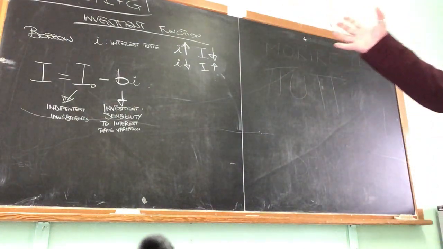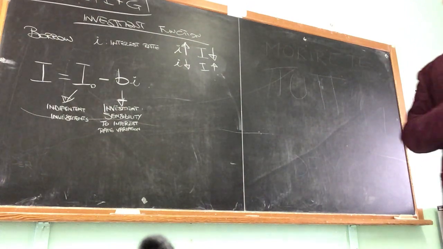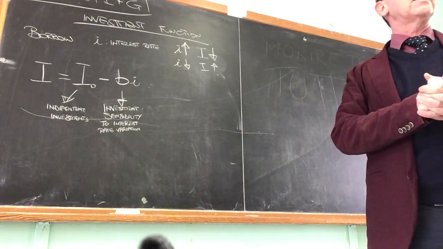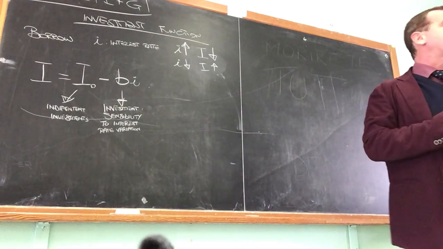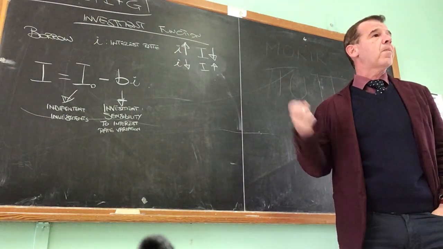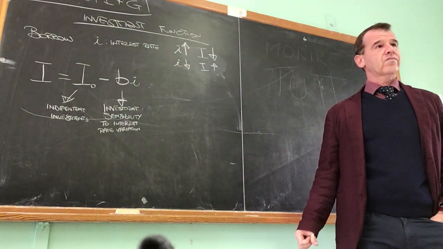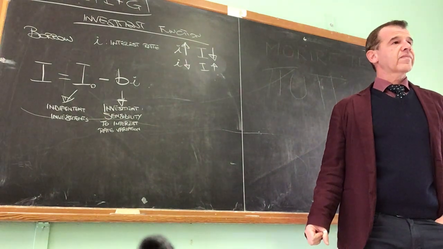So these are independent investments, and these investments do not depend on interest rate variation. Those are the investments that companies must do anyway. They are obliged to do, they are compelled to do it. Correct?